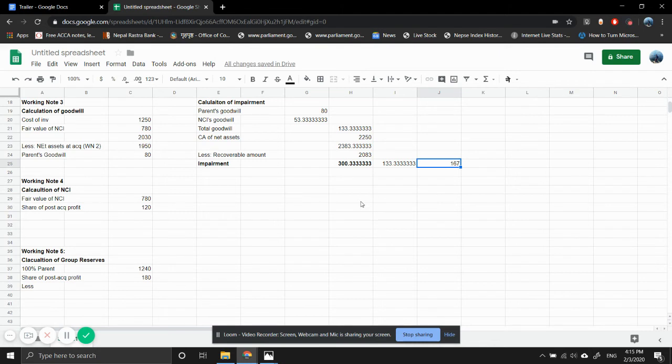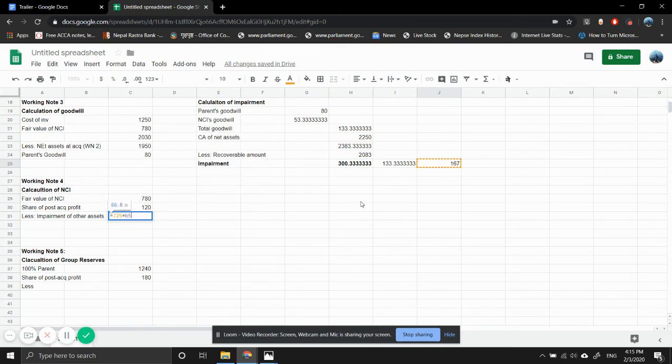So impairment will be 167. So this will be divided into two chunks, which will basically be less impairment of other asset. This will be this figure into 40%.